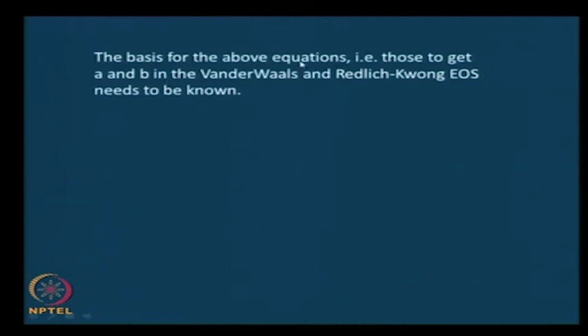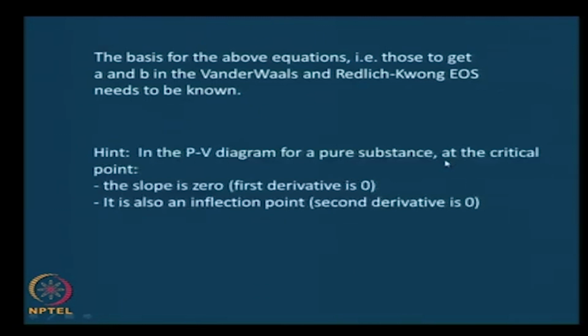The basis for the equations that gave you A and B for both the van der Waals equation as well as the Redlich-Kwong equation definitely needs to be known as a part of this course. Let me tell you how to go about doing it and give you some time to do it.